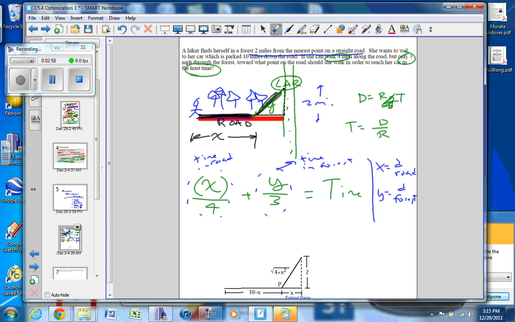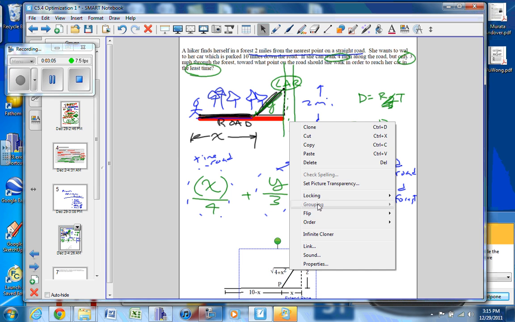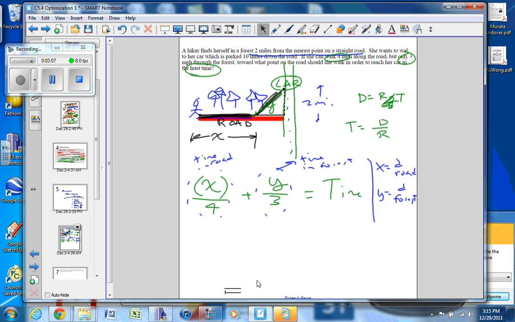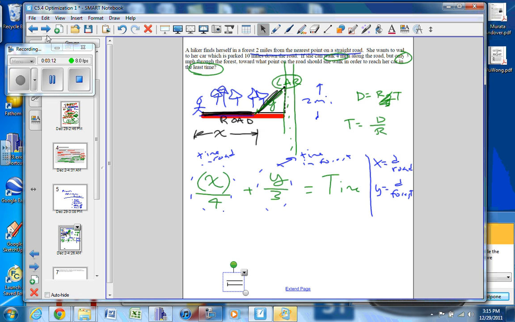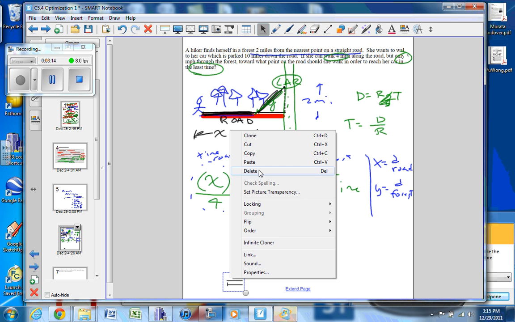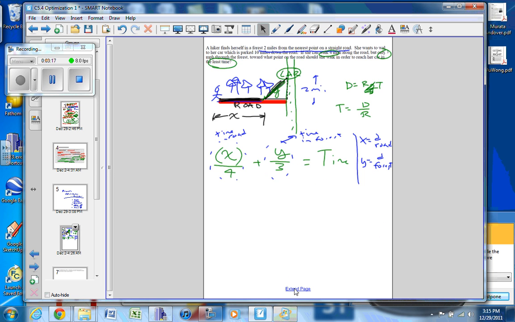So here I am. What I need to do is get down to one variable. So I need to express Y in terms of X. What we can do is set up a little geometry here. If we're calling this X, then we know that this section here is 10 minus X, because the total distance is 10 miles of road.